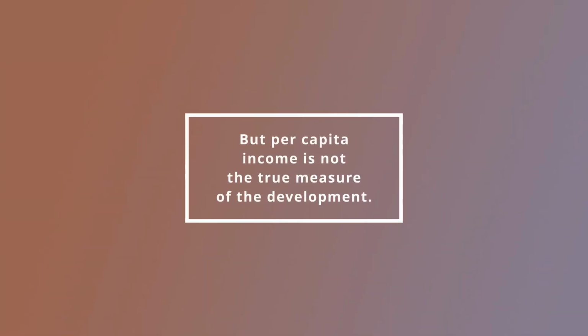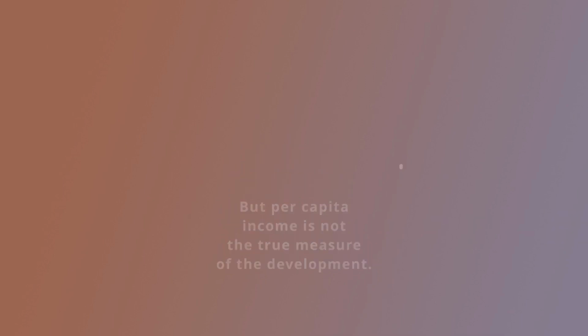Besides, the Human Development Index is mainly determined by these 3 dimensions, but among them, per capita income is highly related with the index. Some researchers argued that the Human Development Index is biased in favor of per capita income, but per capita income is not the true measure of development.